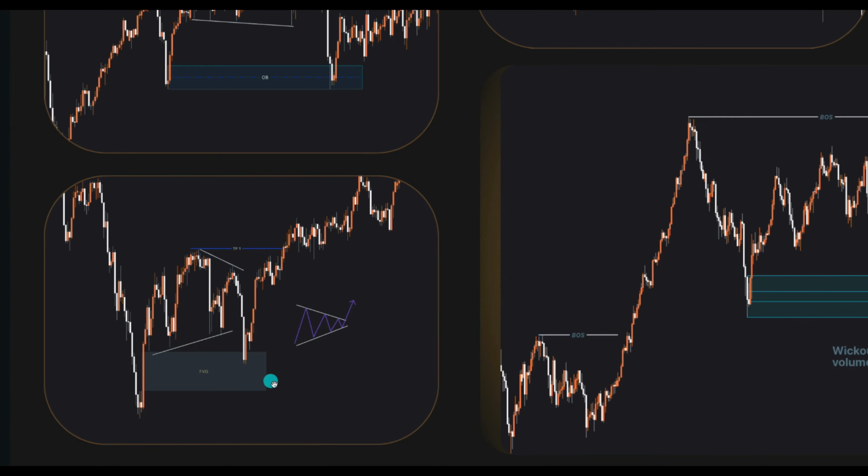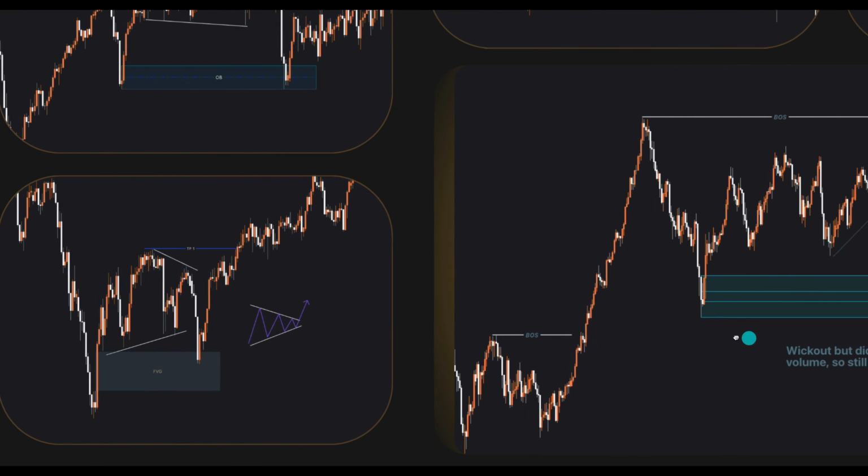Now, the reason why I included only a fair value gap is because with this strategy, if you don't want to use order blocks as your main entry or main confluence, you can use fair value gaps only, but you have to make sure you have at least everything else. Okay, please make sure you have at least everything else. So if you're a fair value gap trader, you can also trade this strategy with fair value gaps, although that is not how I intended for this strategy to be used.